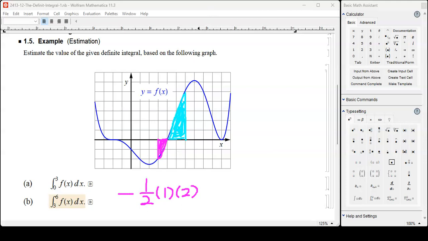And now the positive part: 1/2, and then base length is 2 units this time, and height 1, 2, 3, 4, 5 approximately speaking. That's my estimation, roughly speaking, of course. And then, 5 minus 1, approximately about 4. That's how I can estimate.